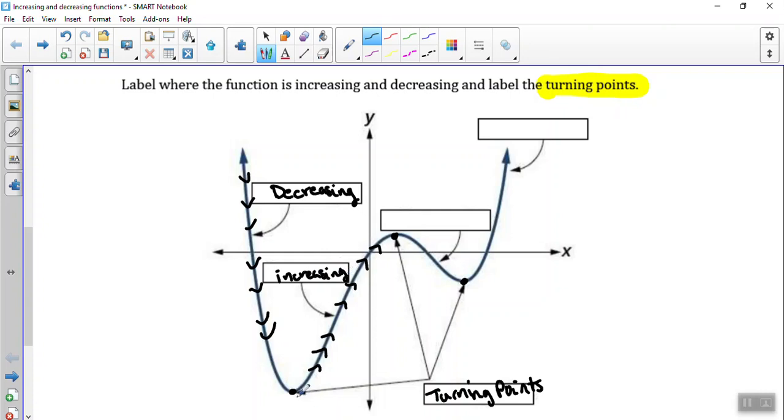I like to note that at a turning point, it's neither increasing nor decreasing, okay? So just remember that. Over here, at the turning point, it changes from increasing to decreasing. And then my function is increasing again here.